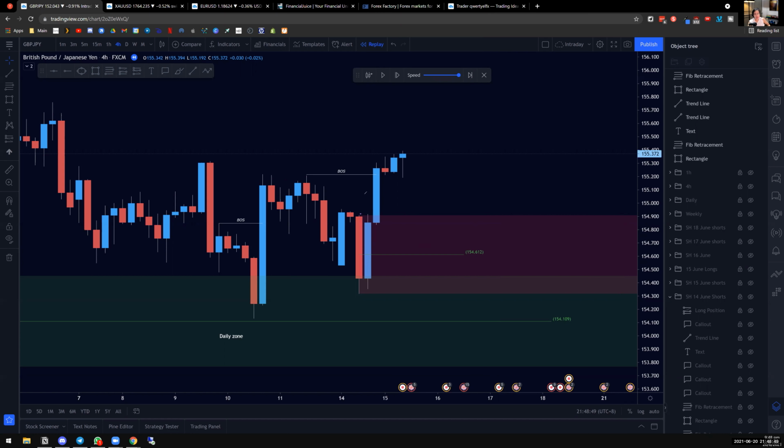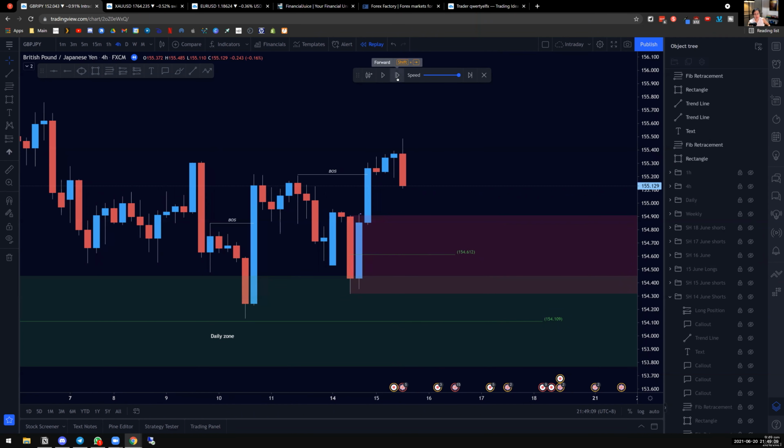But the thing that concerned me was, after the breakout of structure, this looks like a very weak move up continuing higher. So that's why at this current area I was looking for sells or buys somewhere inside this area. So if we punch forward, we see price coming down.